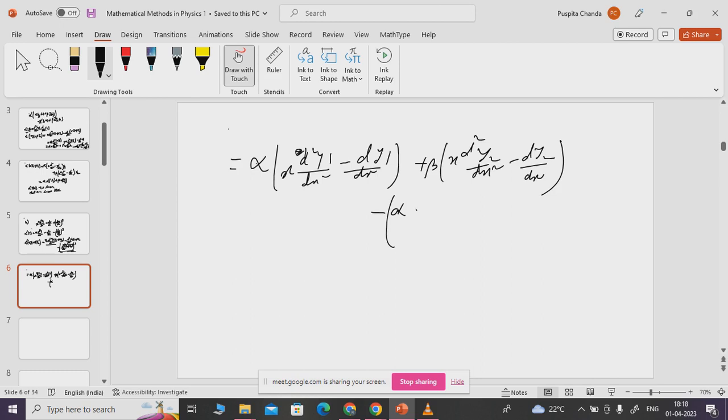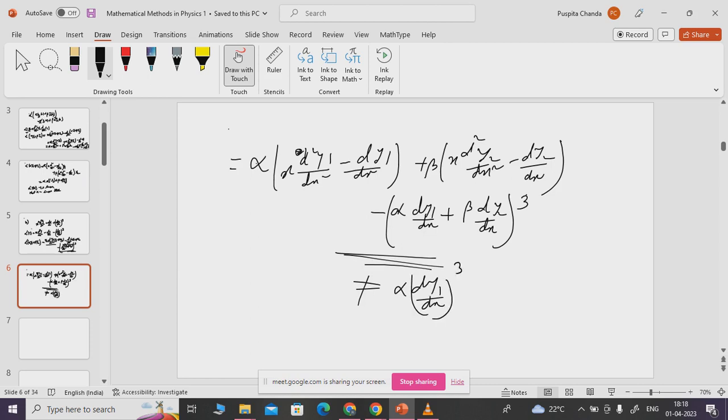In this part, (alpha dy1/dx plus beta dy2/dx) whole cube doesn't equal alpha (dy1/dx) whole cube plus beta (dy2/dx) whole cube.